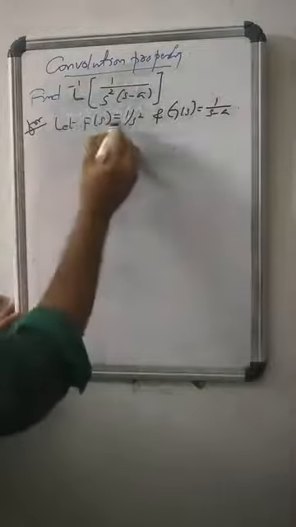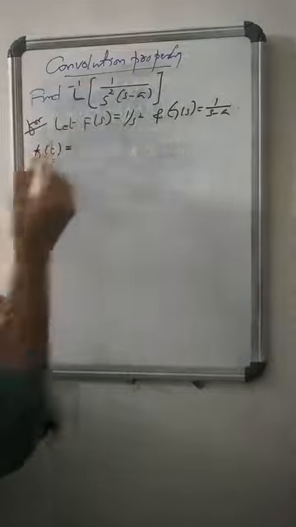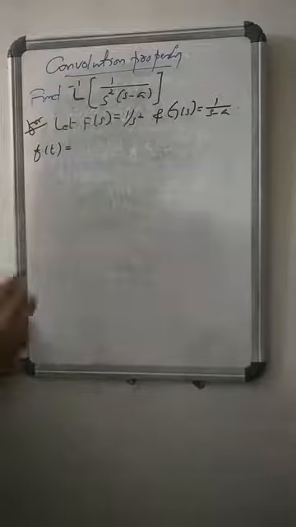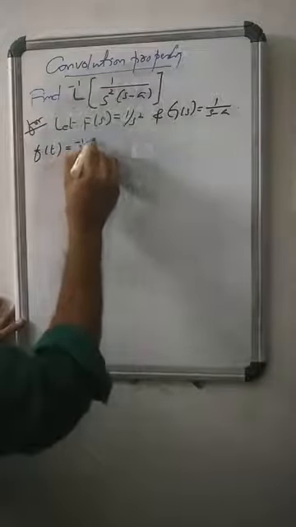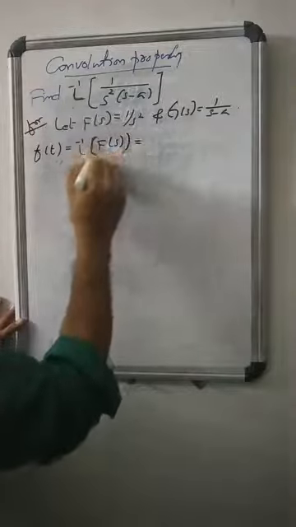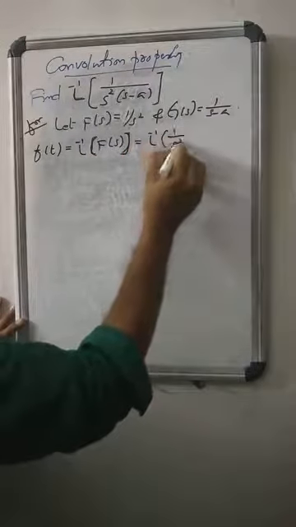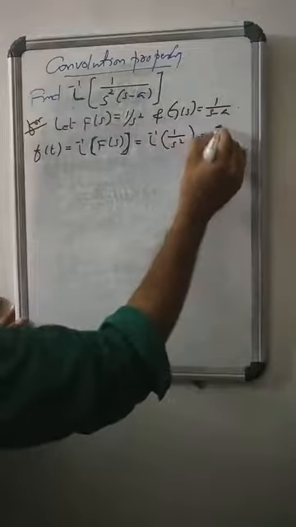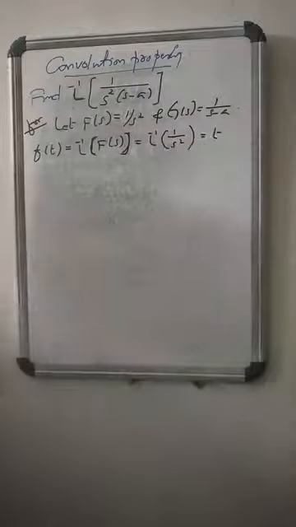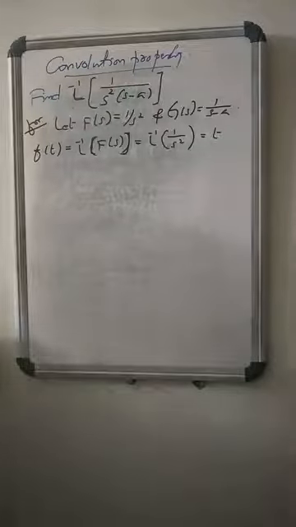So when f of s is 1 by s square, what is f of t? f of t is L inverse of f of s, that is L inverse of 1 by s square, equals t. Why? Because L of t equals 1 by s square.